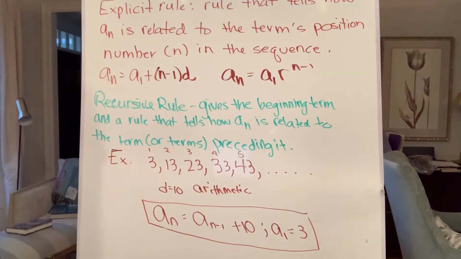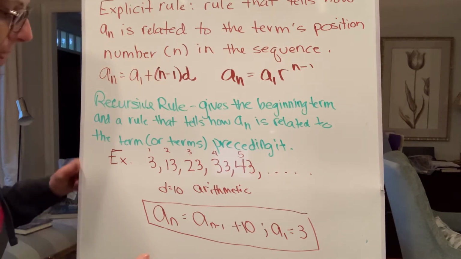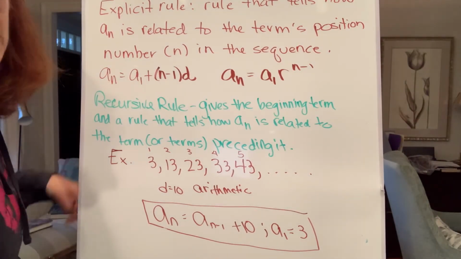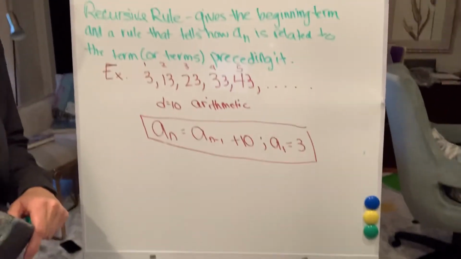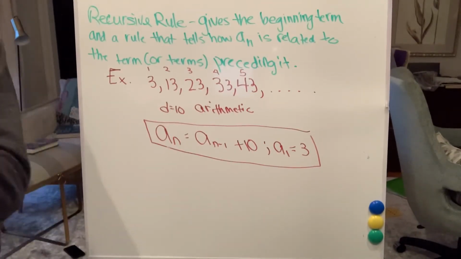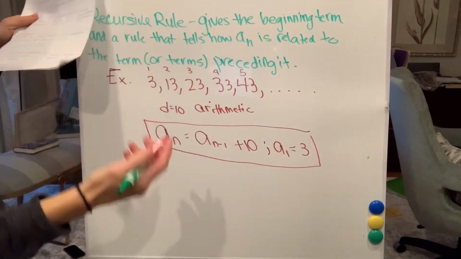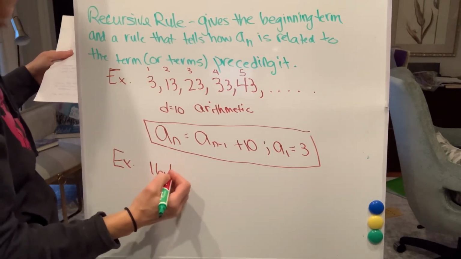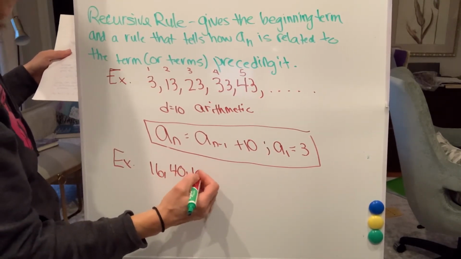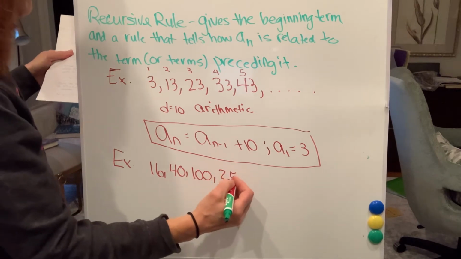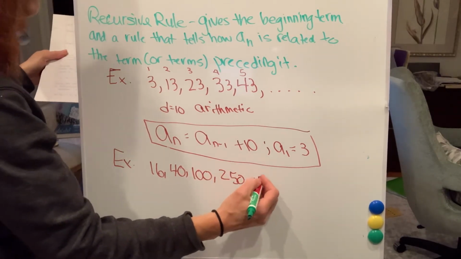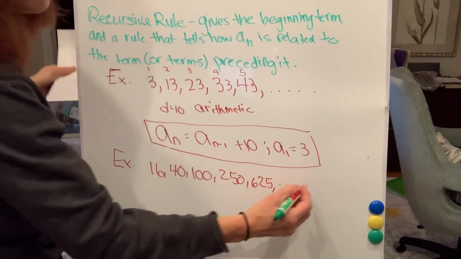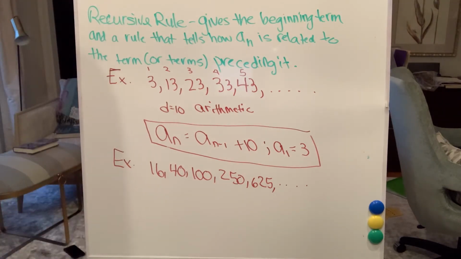All right, let's look at an example where we might have a geometric sequence. So for example, I have 16, 40, 100, 250, 625, and so on. Okay?